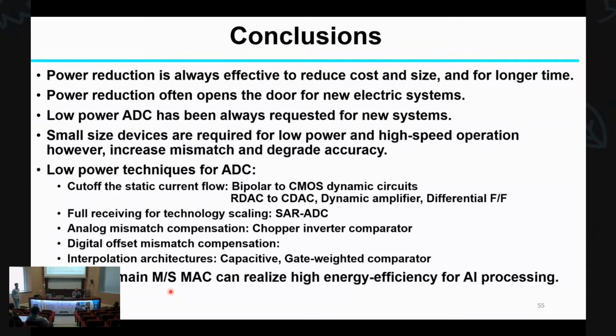The sensor has maybe sometimes less than 1 milliwatt, but the ADC part always consumes 10 or 100 milliwatts. So we are also wondering, is ADC friendly for consumer electronics products?